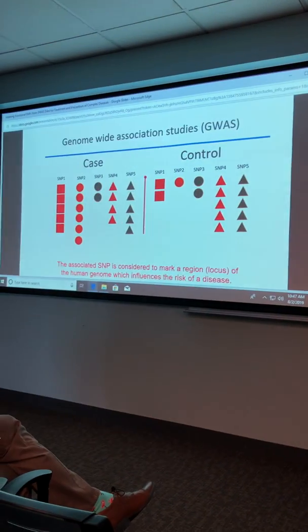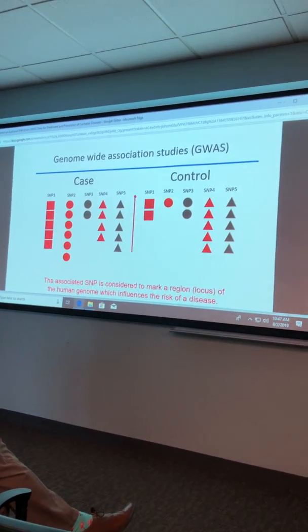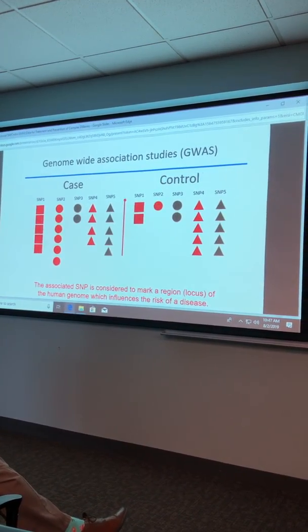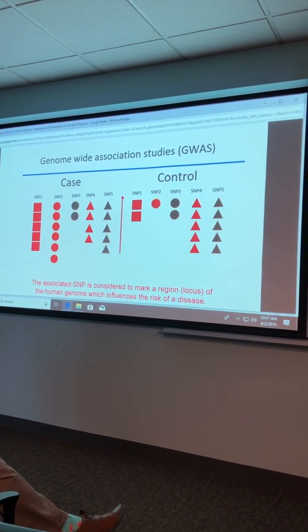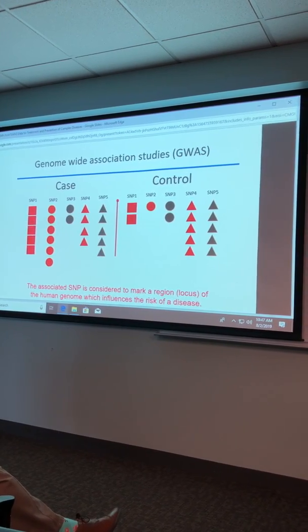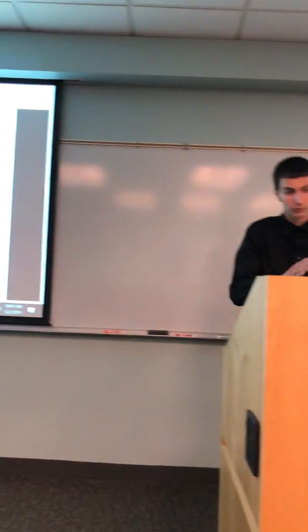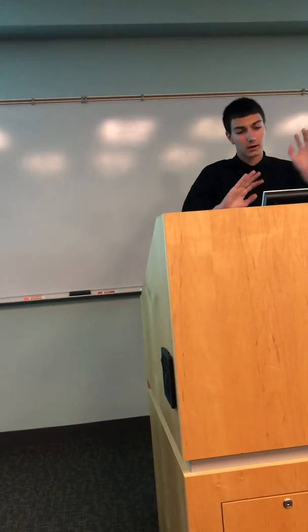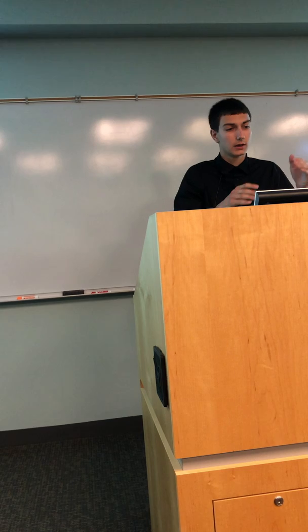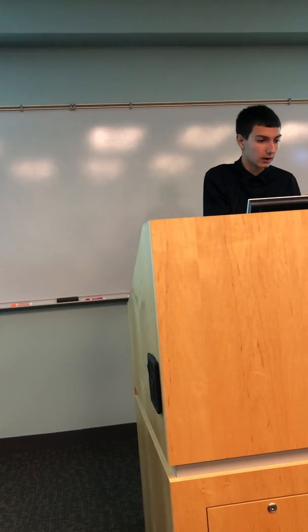We have 5 different case SNPs and 5 different control SNPs. This was conducted with thousands of subjects that have the disease and controls, matched to eliminate confounding variables. Age was matched, gender was matched, et cetera.